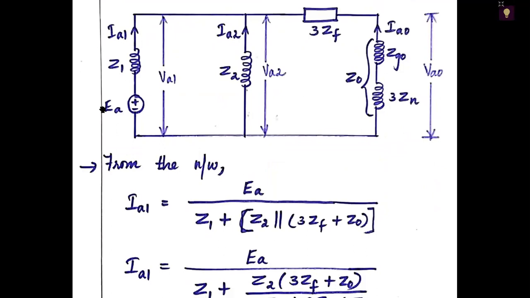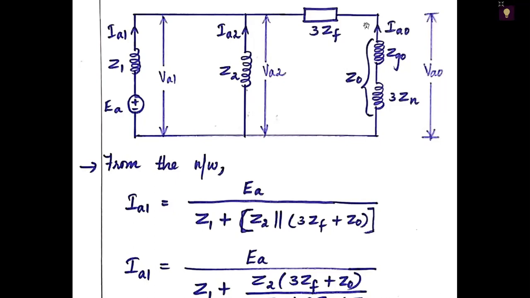When you look from that point, you will have the parallel combination of the negative sequence network branch with the series combination of these two impedances.